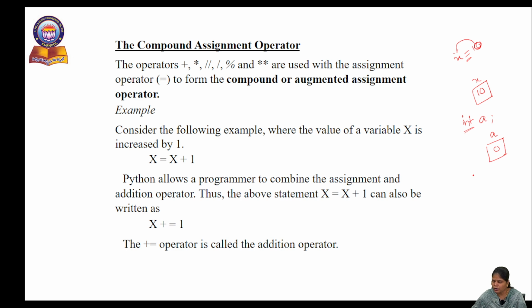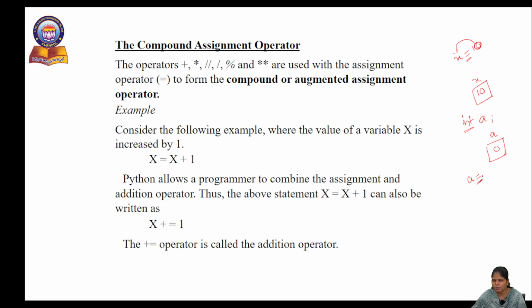Now whenever you go for the initialization process, you are telling the compiler to store some value into that particular variable space. In your program, you will go for the initialization process where you use the equal symbol.